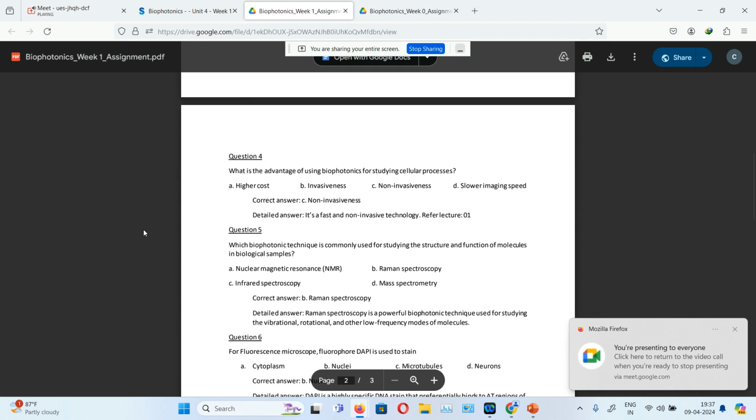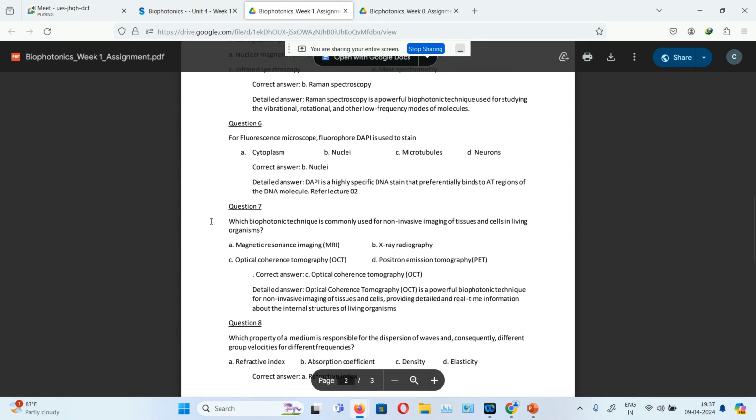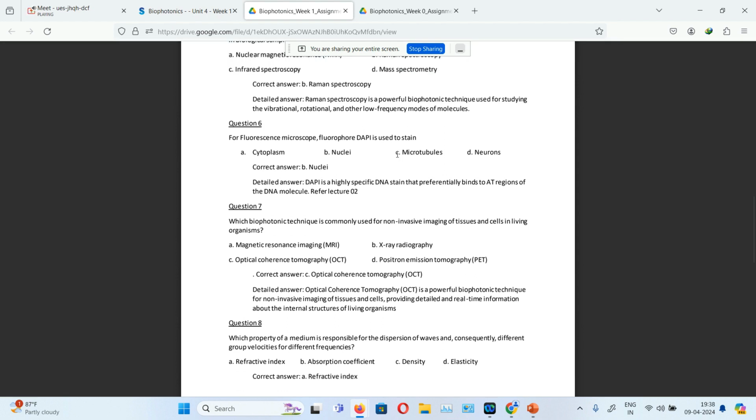So we are going to question 6. For fluorescence microscope, which fluorophore is DAPI used to stain? These are things discussed in the class. What is a fluorescence microscope? There will be a fluorescing source and a filter.